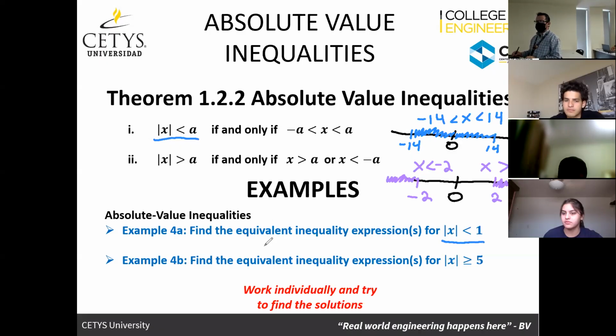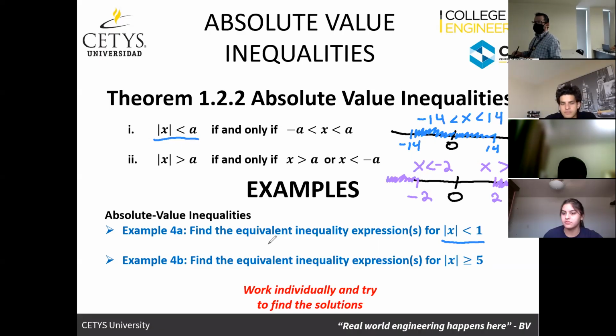Okay, so what Arturo is saying is that this would be equivalent to saying negative... I'm going to write both of those in green so we know that. Blue and underline.